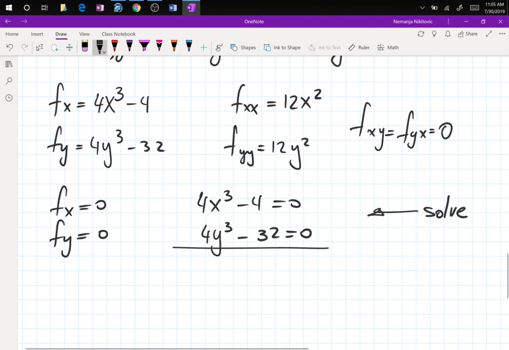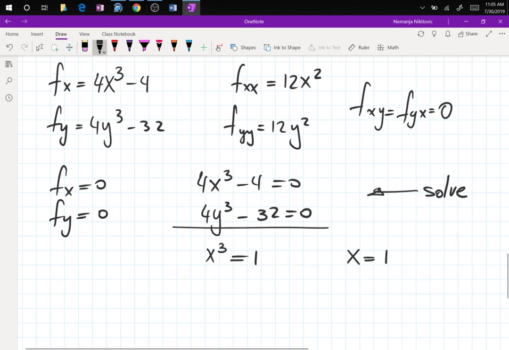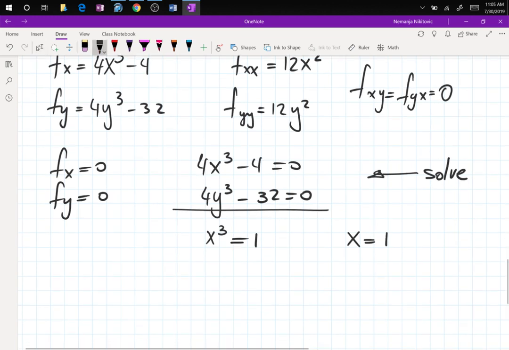All right, so from the first set, you have that x cubed is equal to 1, from where x is equal to 1. Awesome. From the second set, you have that y cubed is equal to 8, from where y is equal to 2.